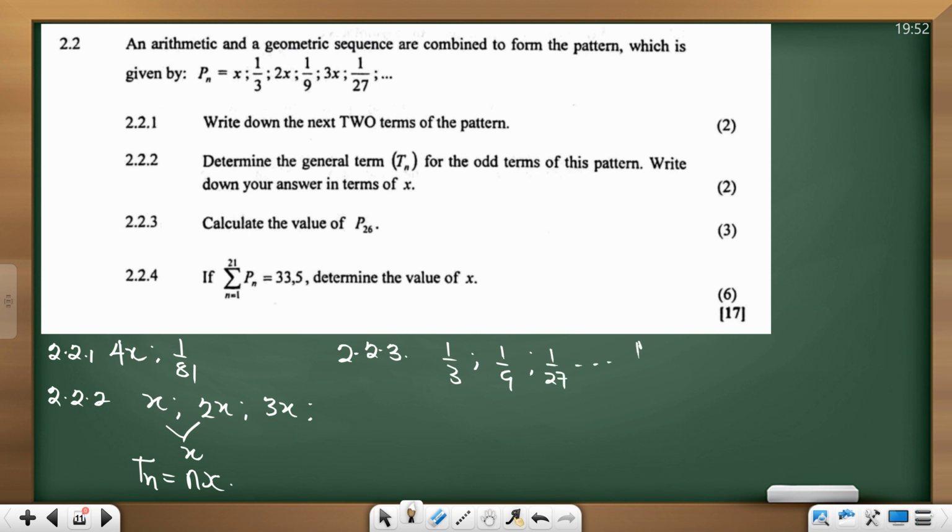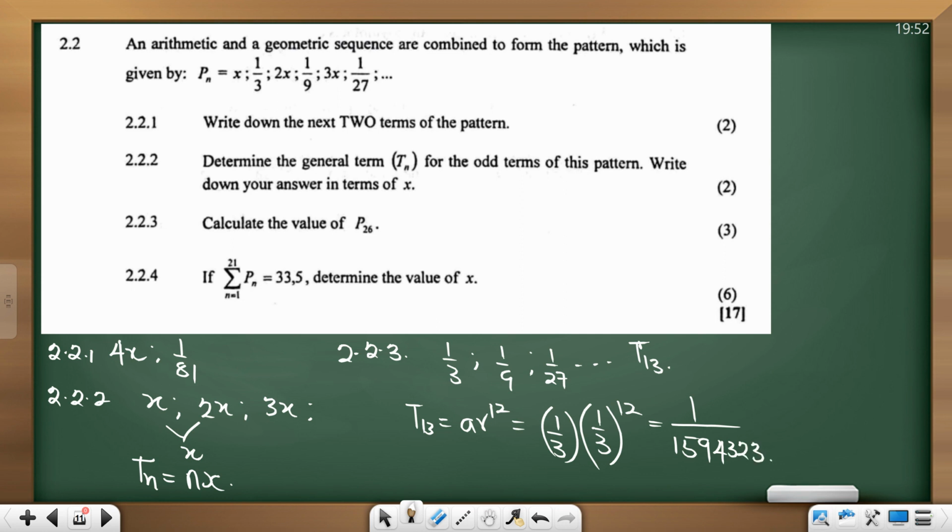What are we looking for? 13. T13 will be equal to A r to the power of what? 12. What is A? 1 over 3, r to the power of what? What's your answer? 432. Do we all agree?